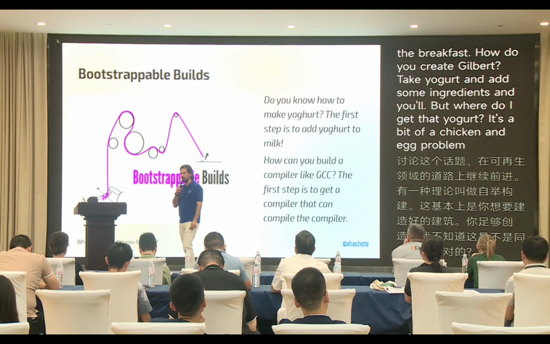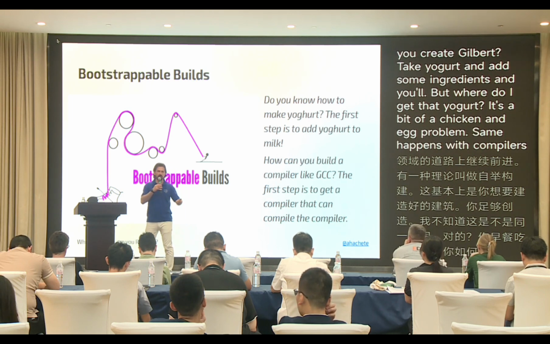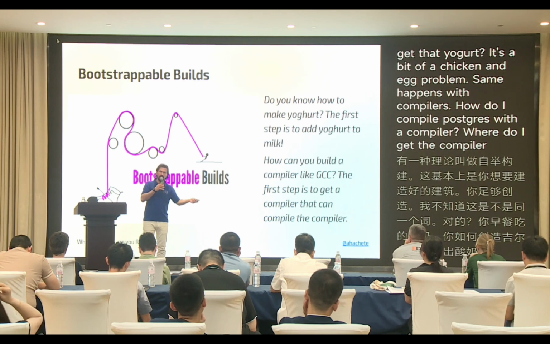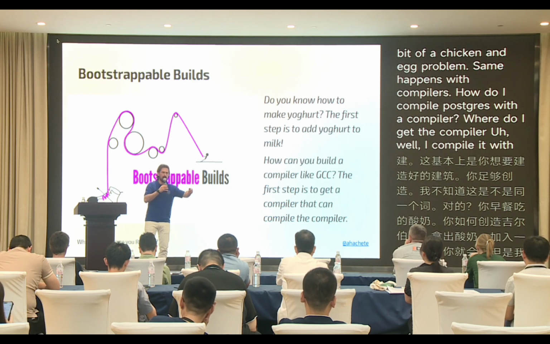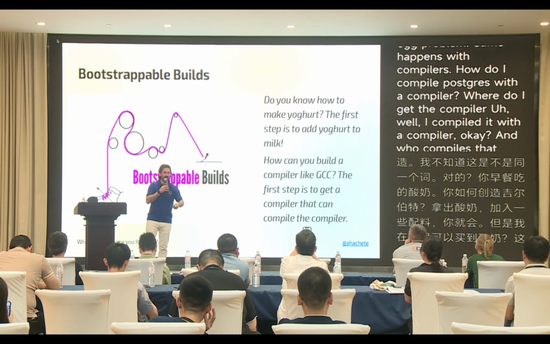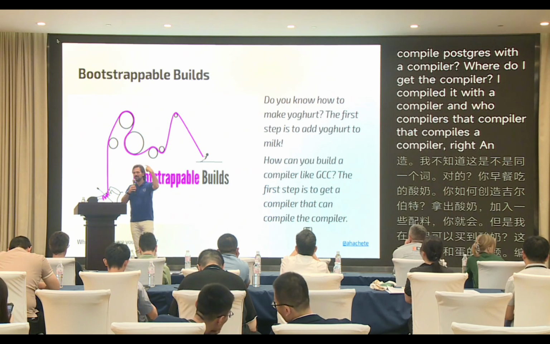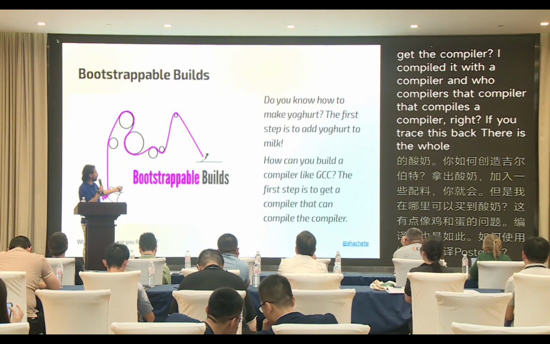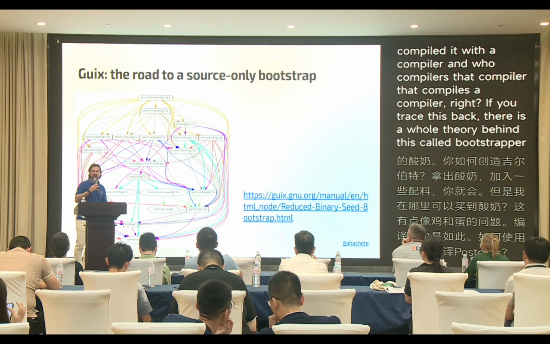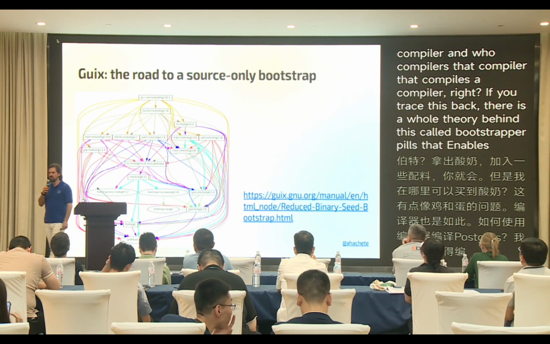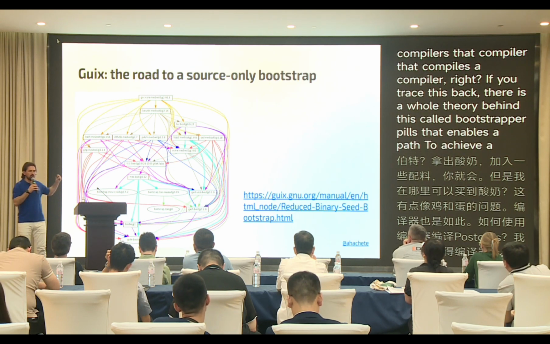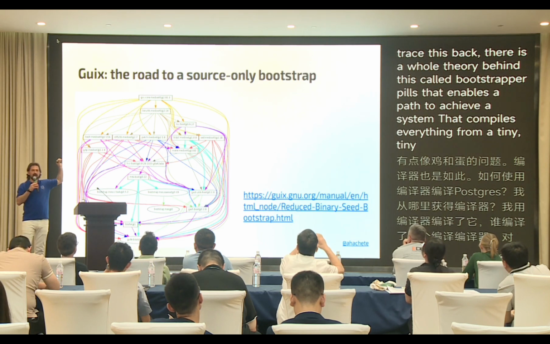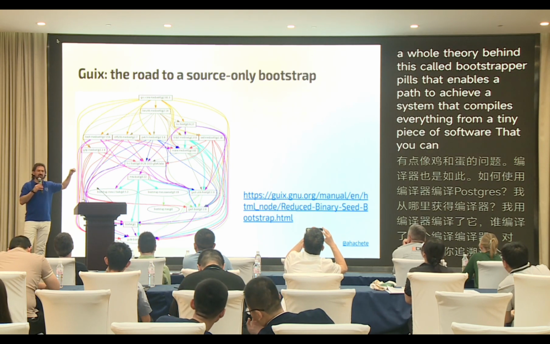The same happens with compilers. Okay, how do I compile Postgres? With a compiler. Where do I get the compiler? Well, I compile it with a compiler. Okay, and who compiles that compiler? If you trace this back, there's a whole theory behind this called bootstrappable builds that enables a path to achieve a system that compiles everything from a tiny, tiny piece of software that you can inspect and you can trust.